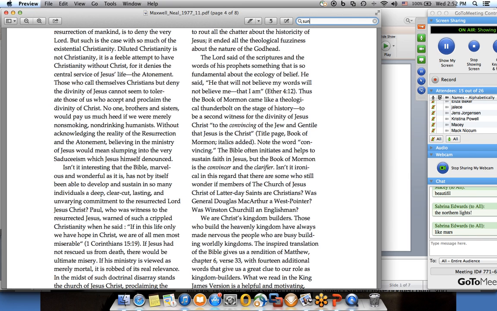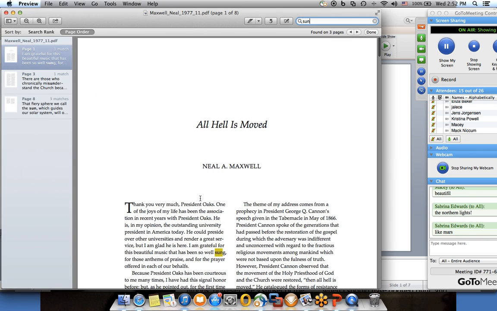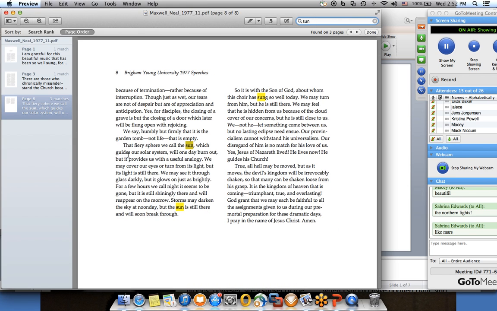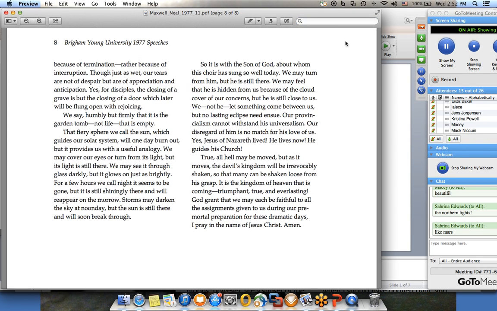Okay, let's see. So it has here, the fiery sphere we call the sun, which guides our solar system, will one day burn out. It's going to take billions of years.